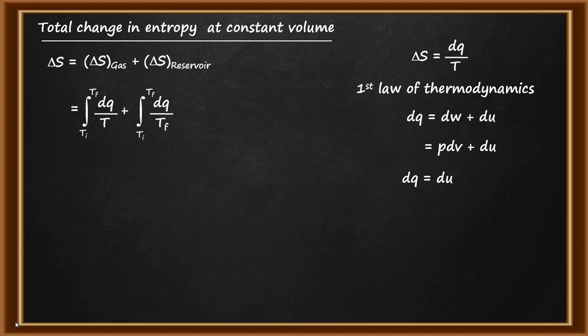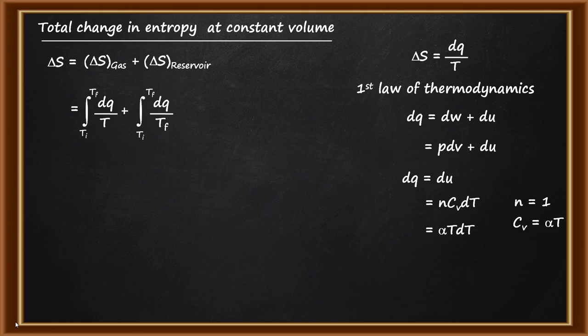That means dQ is equal to dU. Again, as per the formula, dU is equal to n Cv dT. Here n is the number of moles. In the given case, there is 1 mole of gas, so n is equal to 1. And the specific heat Cv is given as alpha T. So dQ will be equal to alpha T dT.